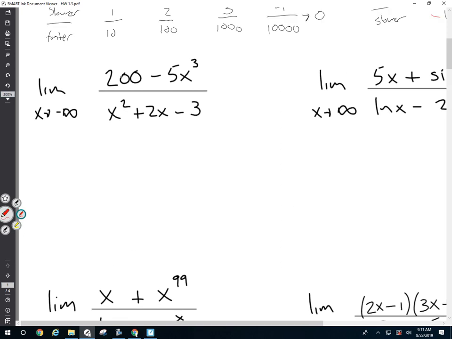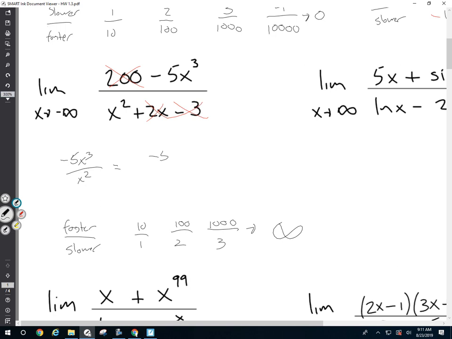Same deal. Goes away, goes away, goes away. I could either go negative 5x cubed over x squared, or notice that I'm going faster over slower. I'm going to be careful though. Either I can cancel and see that I have negative 5x over 1.